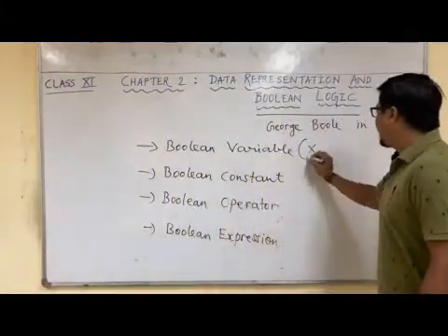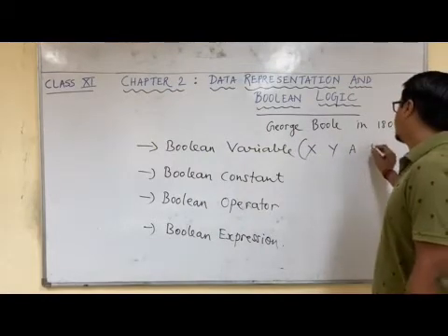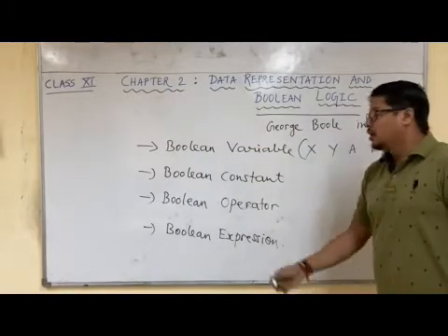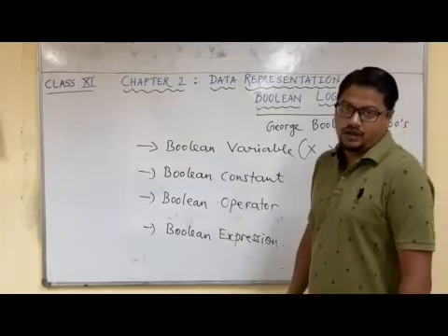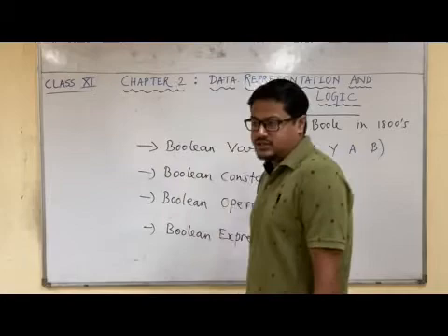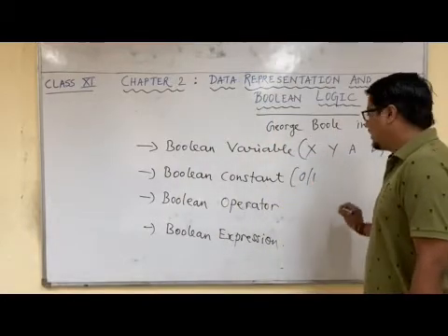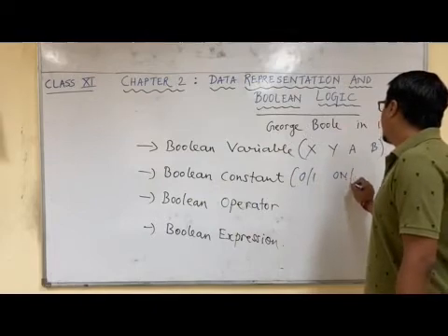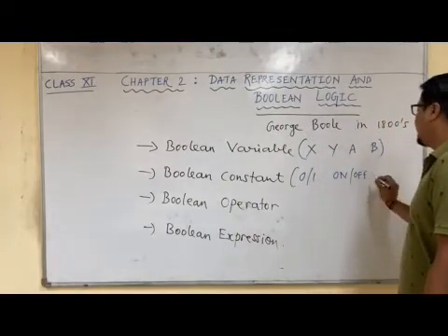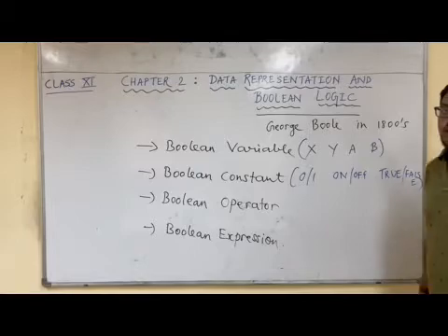So we can take any name for a Boolean variable, in capital or in small, nothing special. Boolean constant means values that will be held by the Boolean variables. It is either 0 or 1, correct? It can be on or off, it can be true or false. So these are actually the Boolean constants.